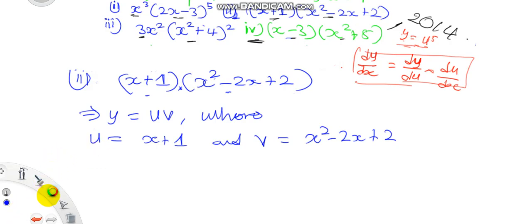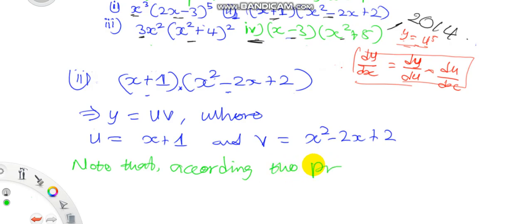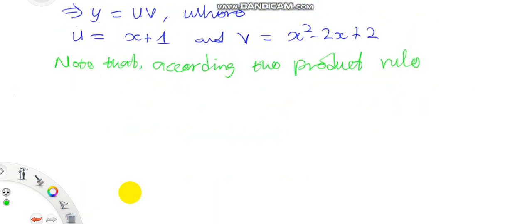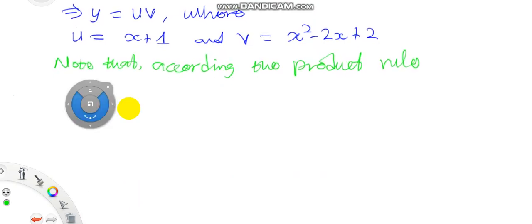Now, note that according to the product rule for differentiation, the derivative of a function which is a product of two functions is dy dx, the differential coefficient.